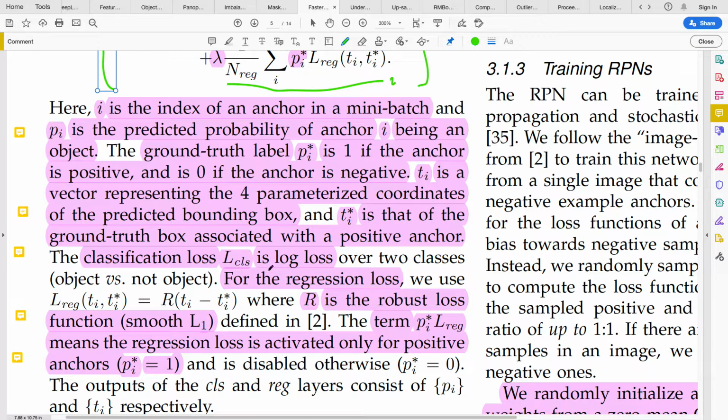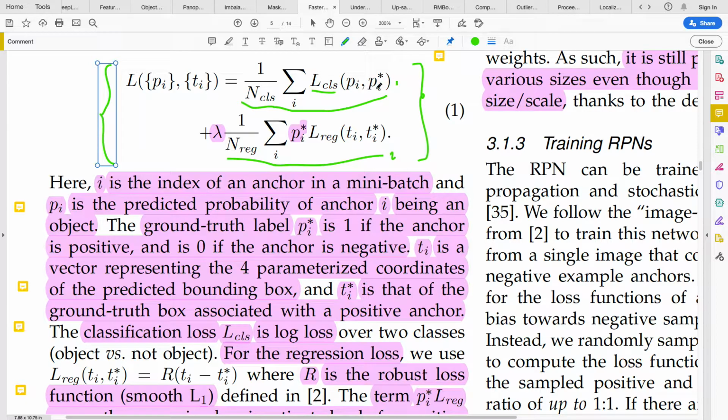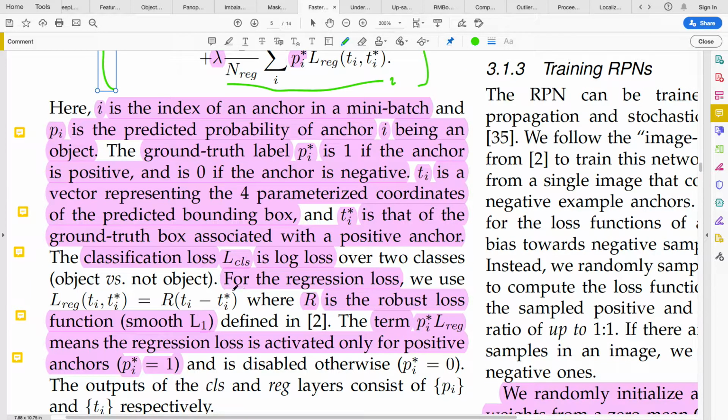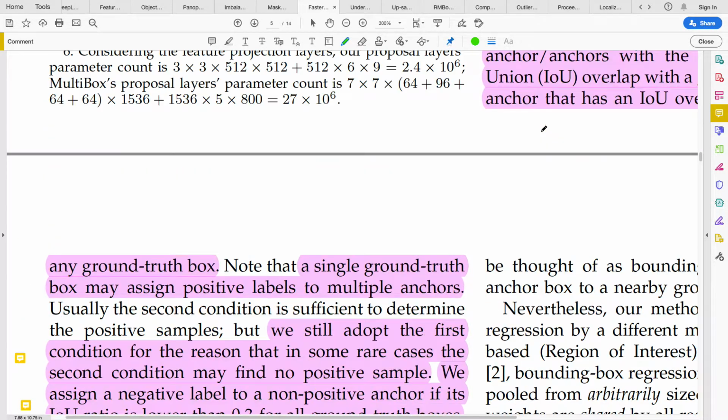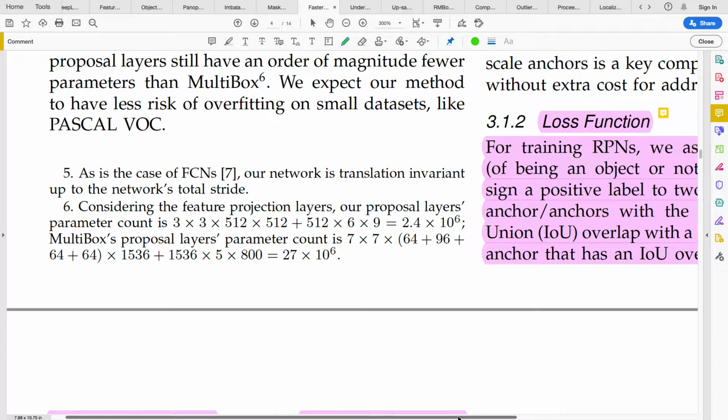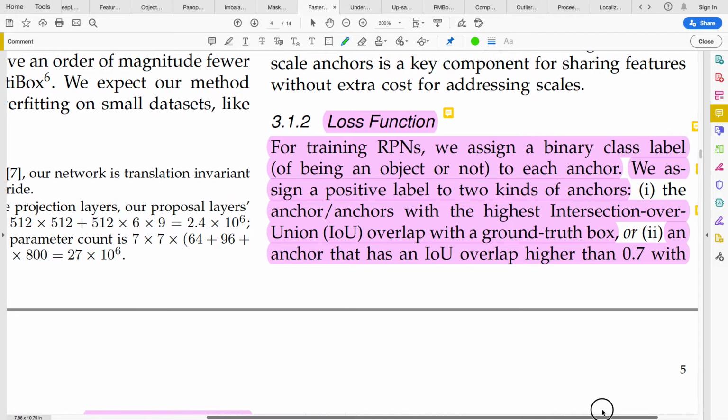The classification loss is log loss, which is the cross entropy loss that I mentioned. So you can just key in this p_i and p_i star into the cross entropy loss that we discussed earlier. That's essentially what is happening in the Faster R-CNN loss function.